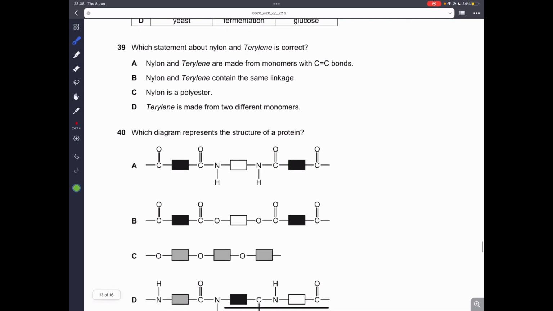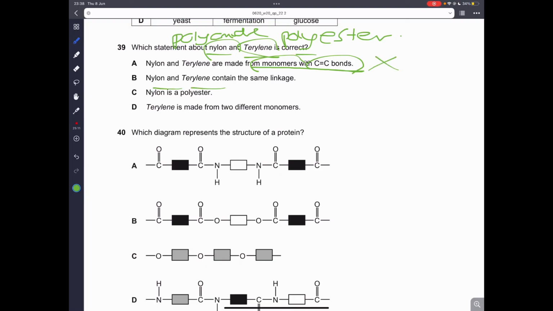39. Which statement about nylon and terylene is correct? Remember, nylon is a polyamide. Terylene is a polyester. Okay. Nylon and terylene are made from the same monomers with C=C bonds. They are not made from the same monomers. Nylon and terylene contain the same linkage.